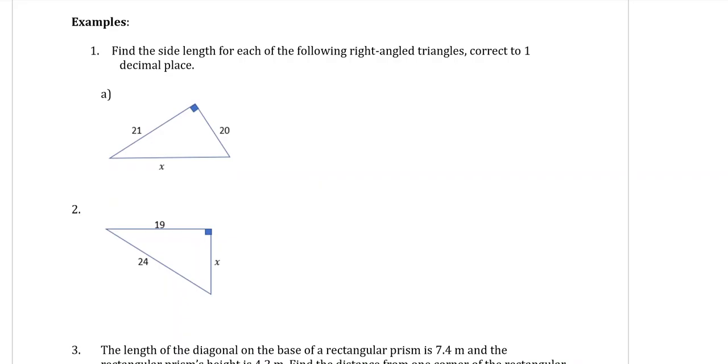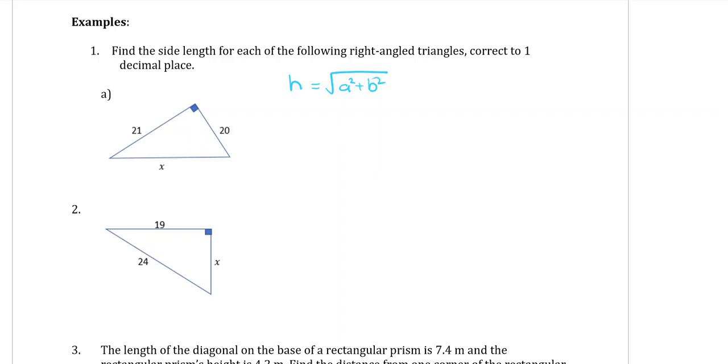Question 1. Find the side length for each of the following right-angled triangles, correct to 1 decimal place. So when I look at question 1a, I can see that I've got my right angle here. I have the two shorter sides next to the right angle. I am missing the hypotenuse. So that means I'm going to use the hypotenuse formula, which is h equals square root of a squared plus b squared.